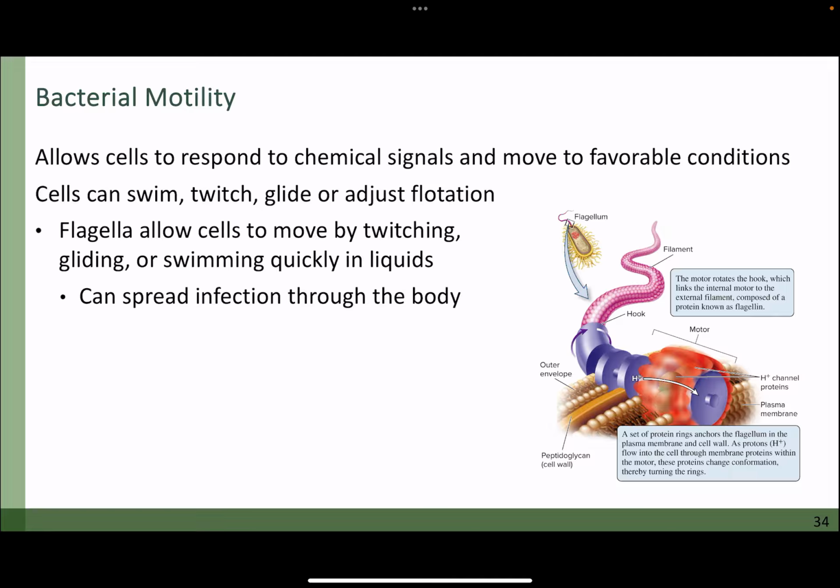But the flagella can help with that movement. I mentioned earlier there's this sort of protein motor attached to this long filament that moves back and forth and twitches, and it's going to help propel the bacterium through the environment. This is important because this is one of the ways that bacteria can move through your body and spread infection.